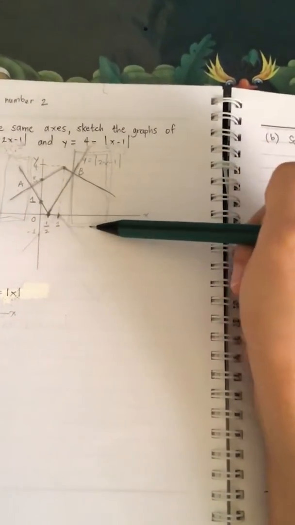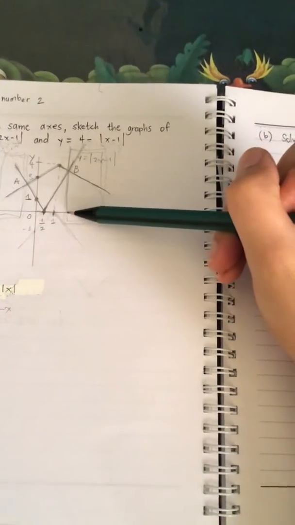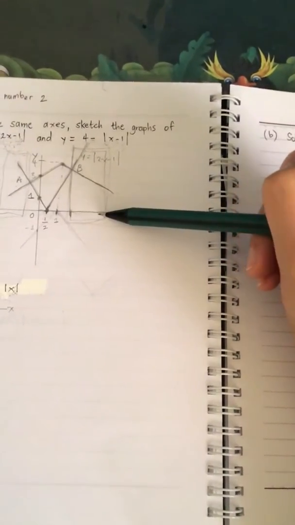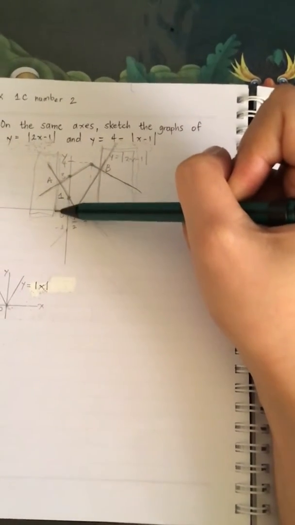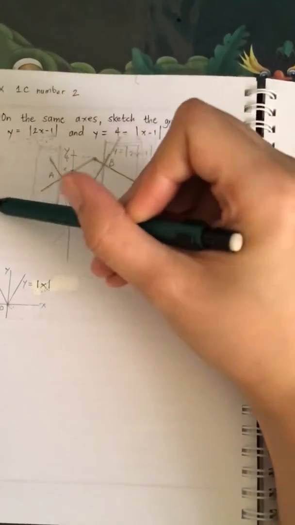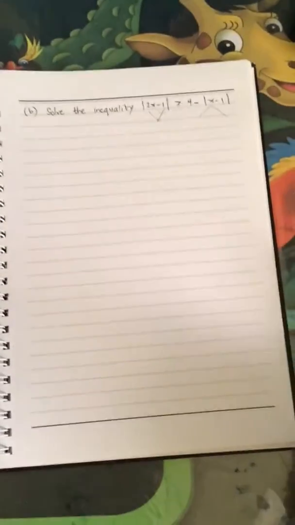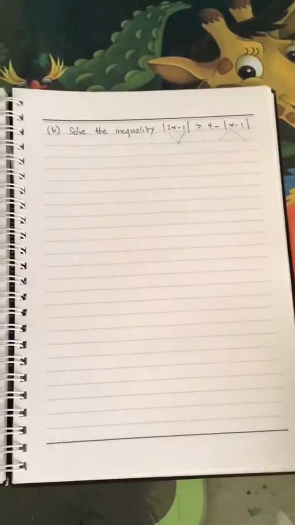This goes on and on to the right, so from the x-coordinate of B and all the numbers to its right, and also the x-coordinate of A and all the values of x to its left. Those are the numbers that will solve the inequality. So how do we find those values of x?